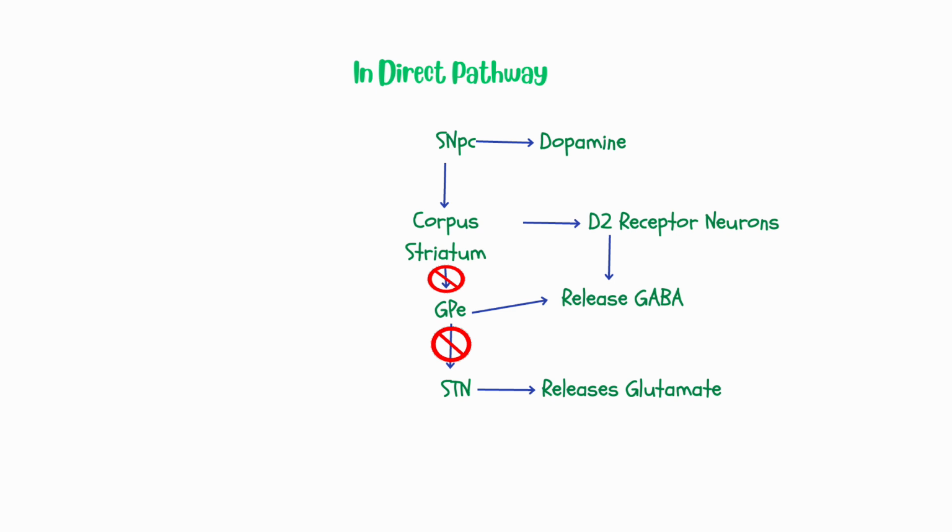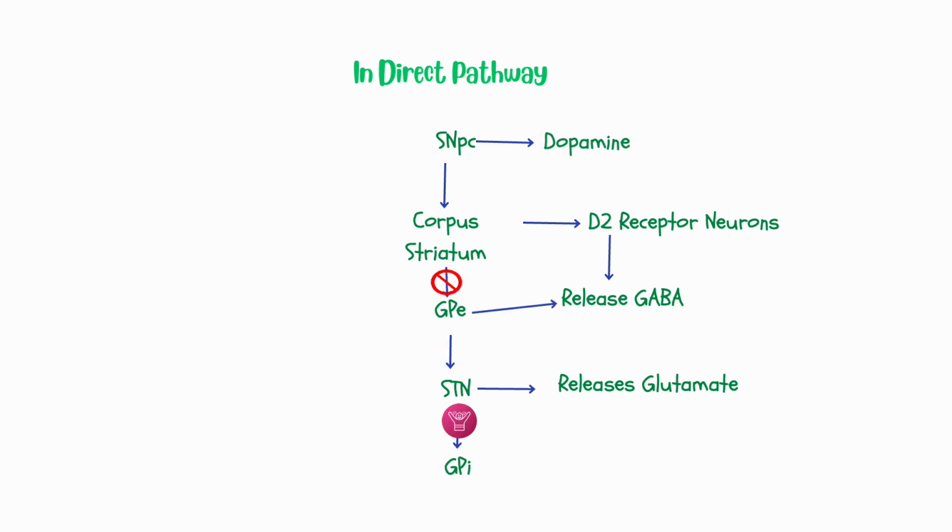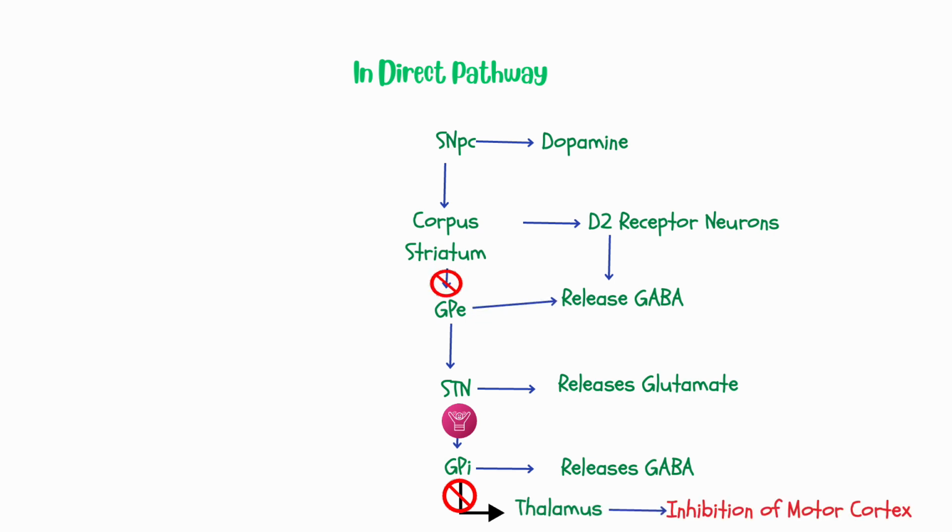But because GPE has been inhibited by the indirect pathway, the STN breaks free and starts releasing glutamate to stimulate the GPI. This excitation causes the GPI to release more GABA, which inhibits the thalamus and results in inhibition of the motor cortex.